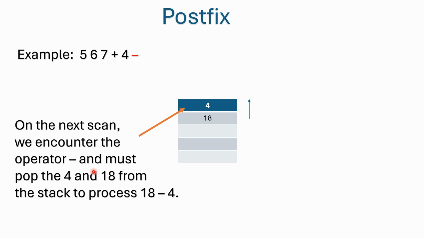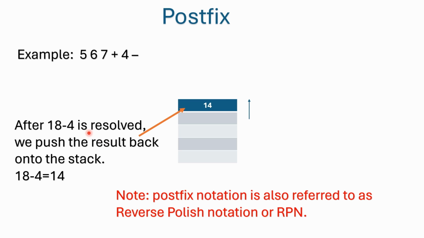And now we must pop the 4 and the 18 from the stack and then process 18 minus 4. Well, 18 minus 4 is 14, so we put that result back onto the top of the stack. So now we have a 14. That's the result, that is the answer to this problem.